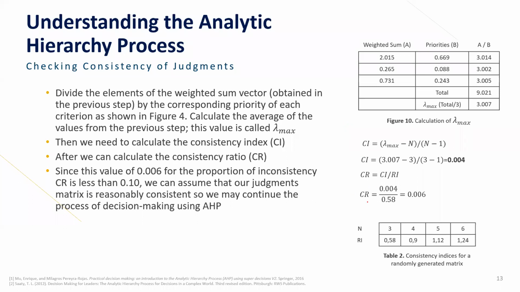This means that the consistency ratio of this weighted criteria is 0.6%, so it's less than 10%. So we can say that our judgment regarding the criteria, being less than 10%, is reasonably consistent.